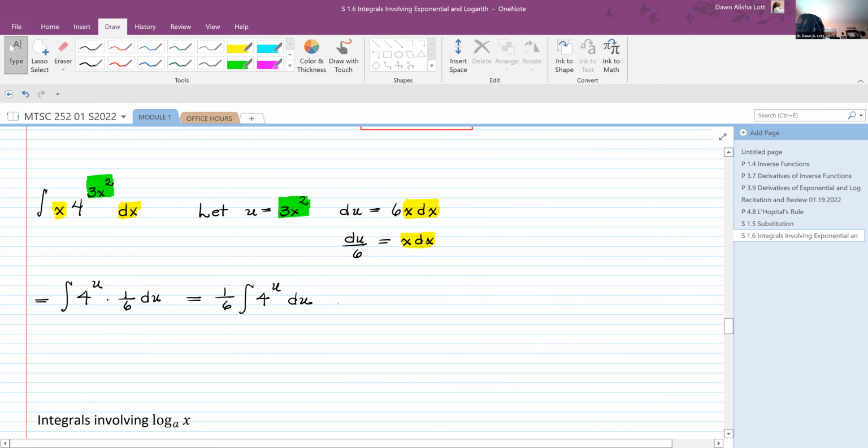We still have 1 over 6. 4 to the u becomes 4 to the u divided by the natural log of 4 plus a constant. So this answer becomes 4 to the u divided by 6 times the natural log of 4 plus a constant.